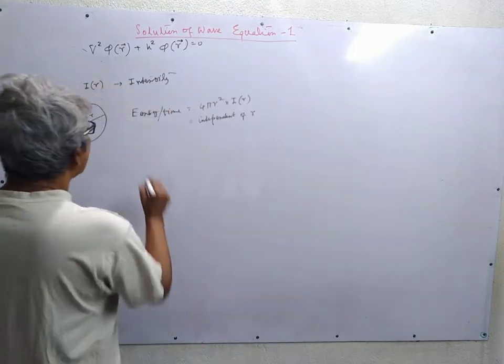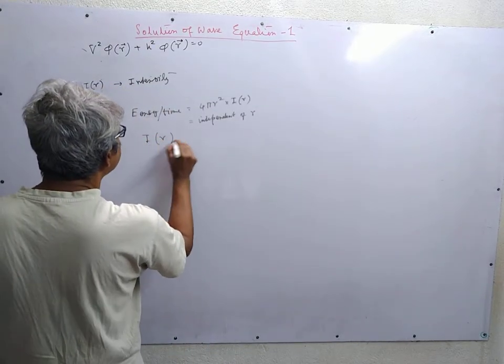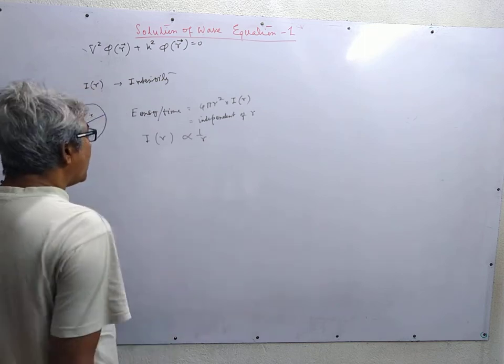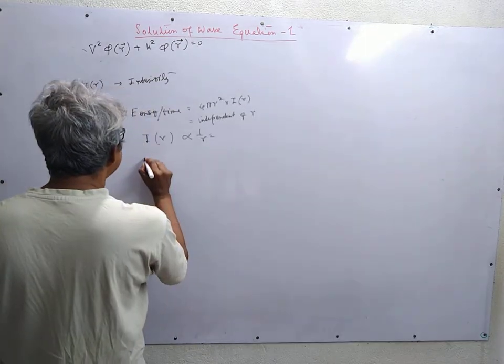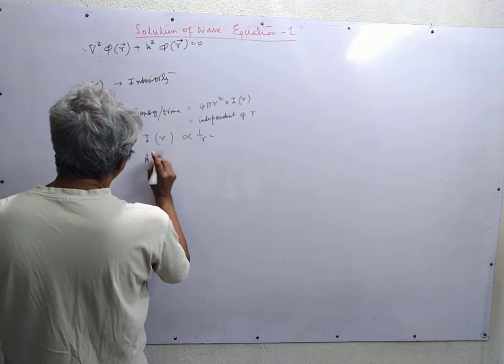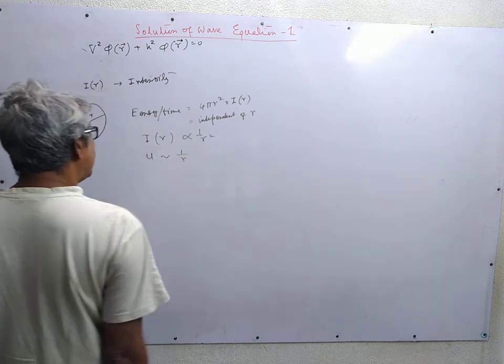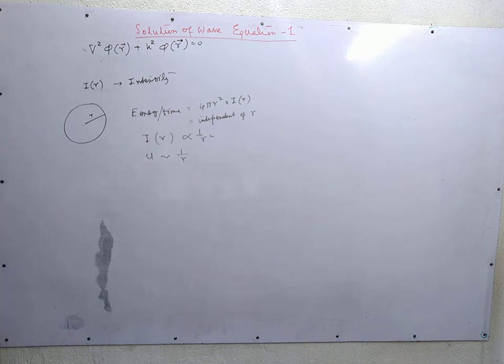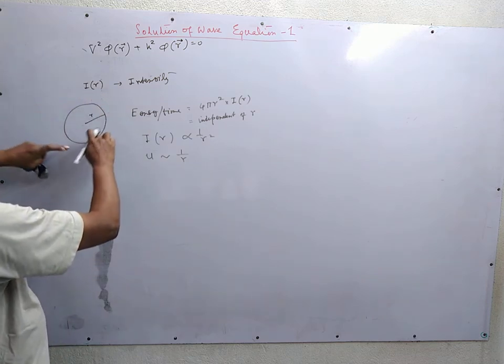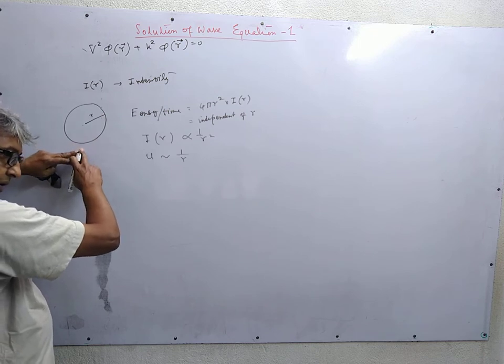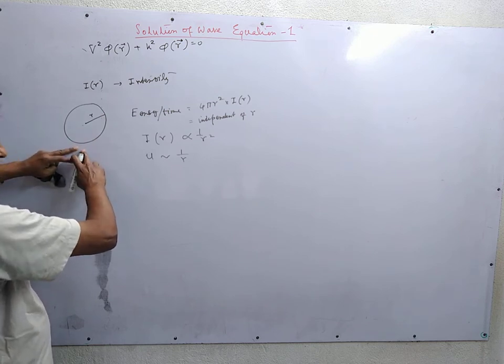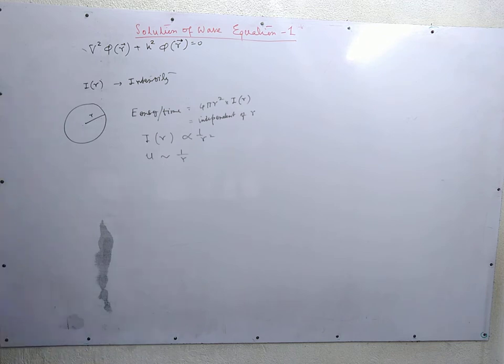That means intensity must have 1 by r square dependence, that is, amplitude u must have 1 by r dependence. So the amplitude of a spherical wave must die down as 1 by r so that the total energy crossing the surface of a sphere remains the same.